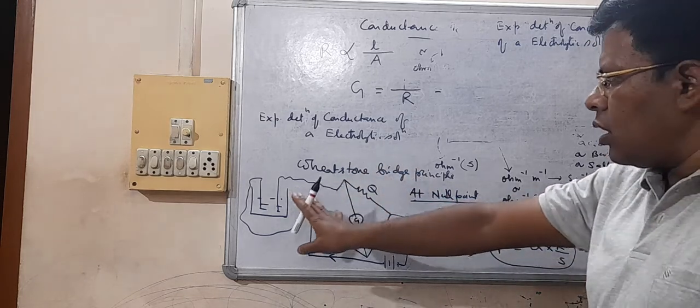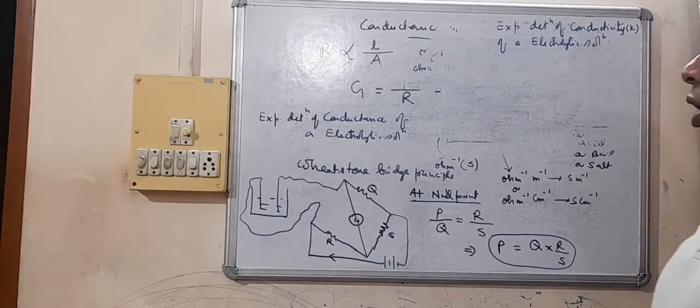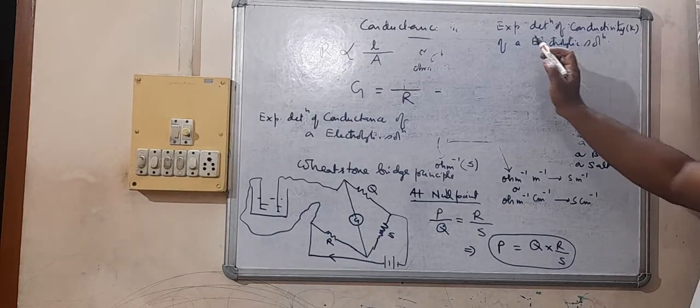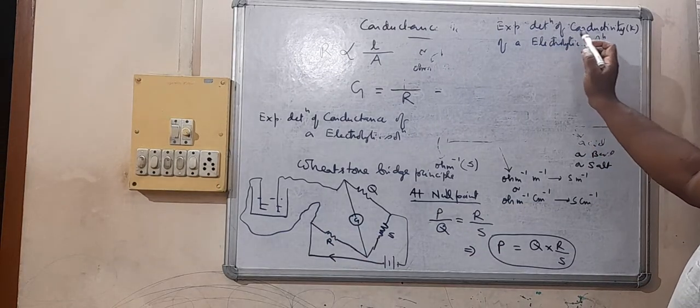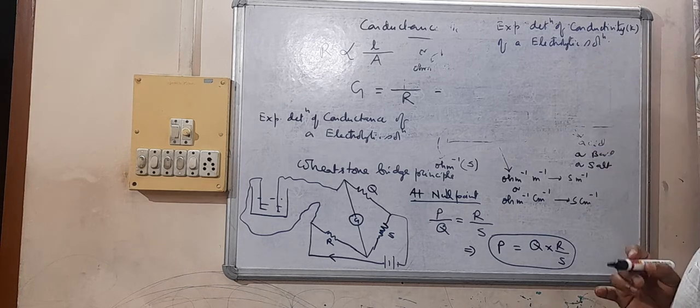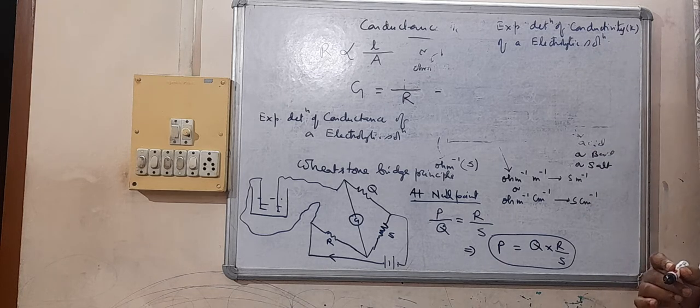Here we have found conductance of an electrolytic solution. Now suppose we are asked to determine the conductivity of an electrolytic solution. First of all, let us define what is conductivity.